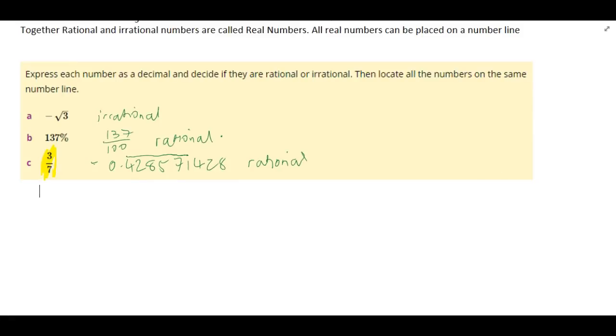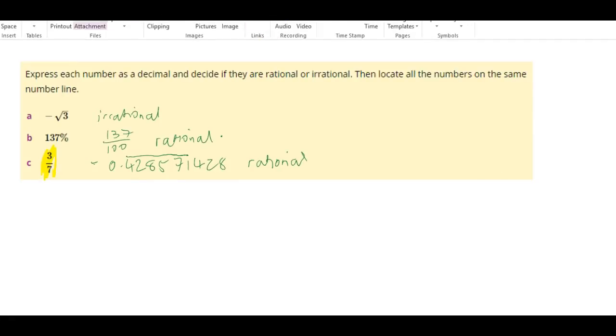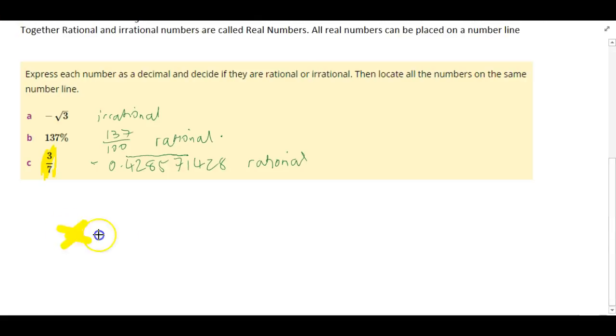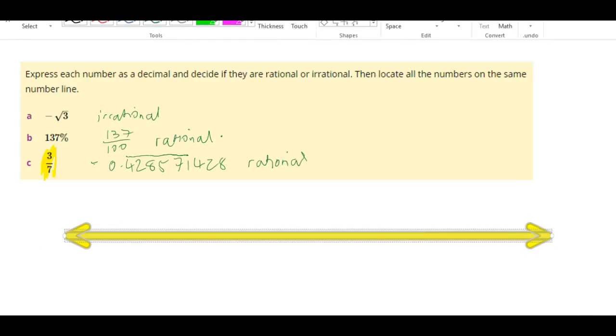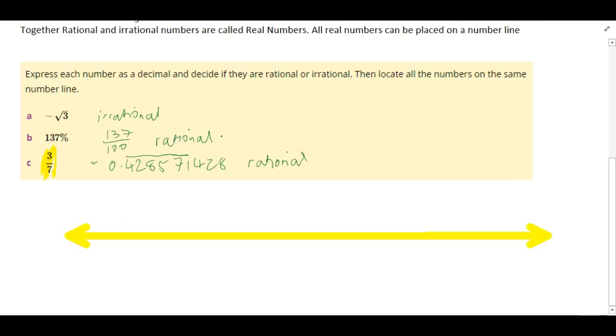Just coming to the number line. One of the questions in here is to draw a number line. Let me see if I can get a line. Here's my number line. Hope I can change that. Hang on, I'll get rid of that. Let's do that again.